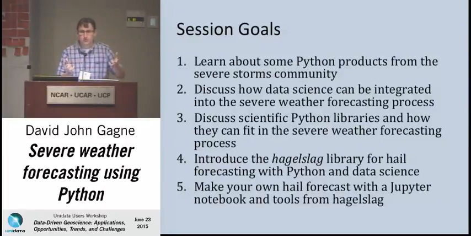And introduce my own library, called Hagelslag, to do hail forecasting and other severe impacts forecasting that mixes the two areas. Finally, we'll do an interactive activity where you can see some of the power and do some data science activities within an IPython notebook.